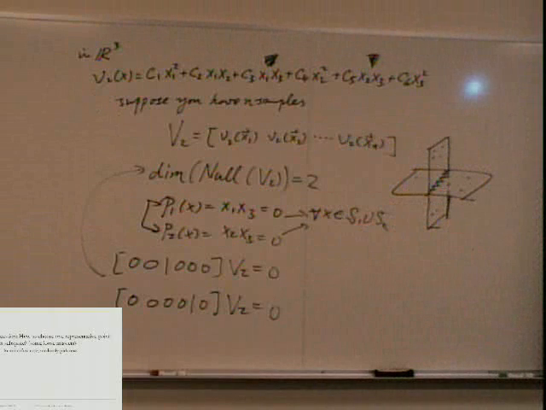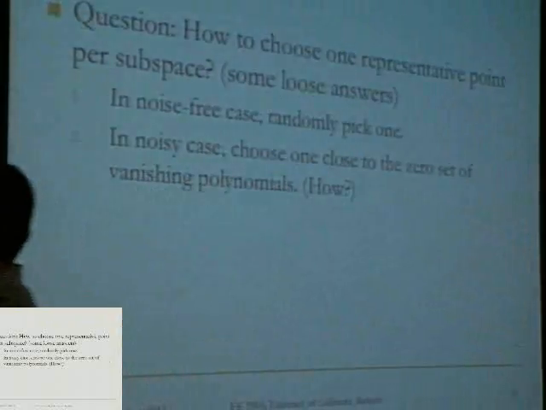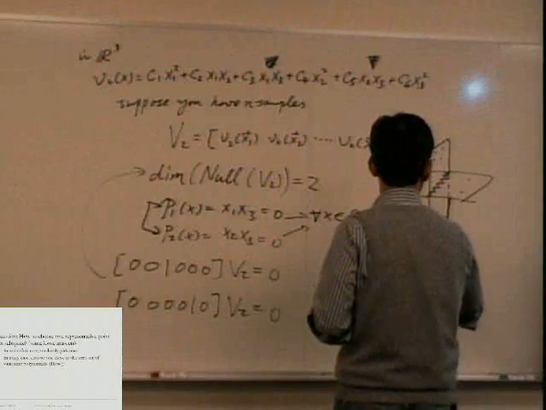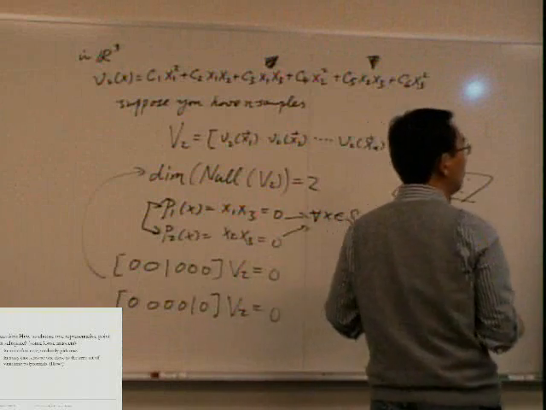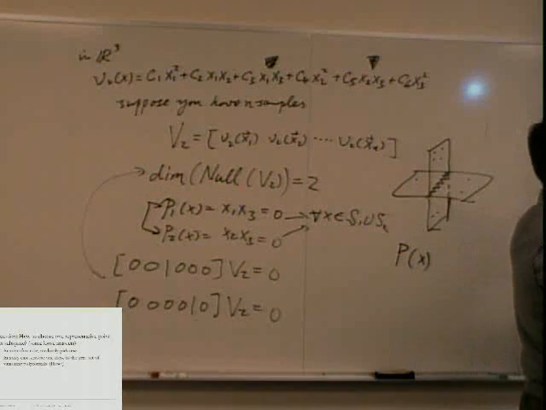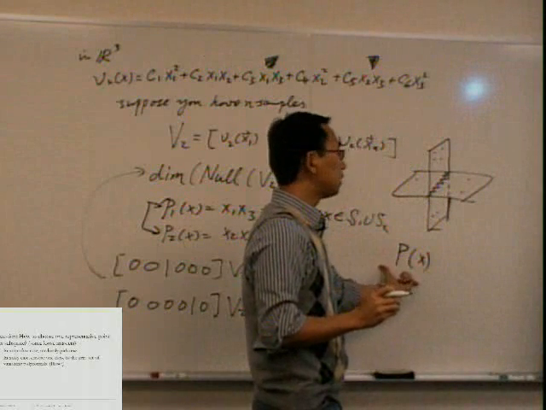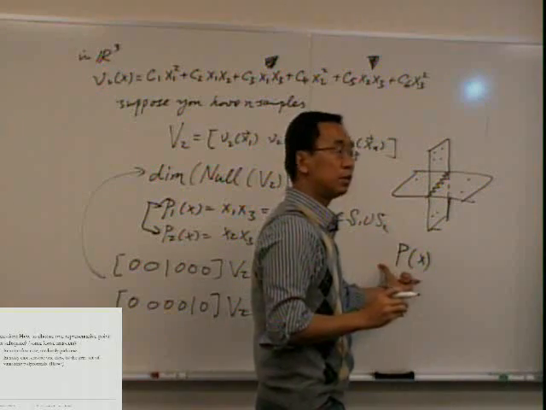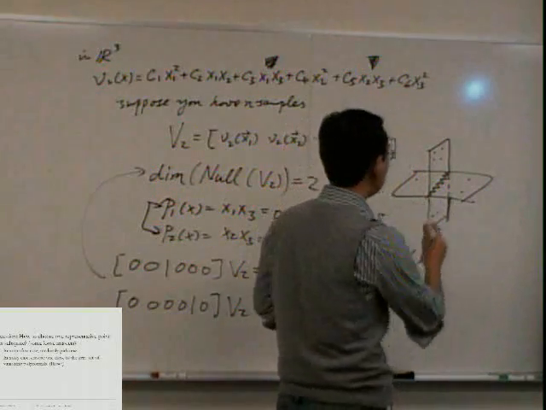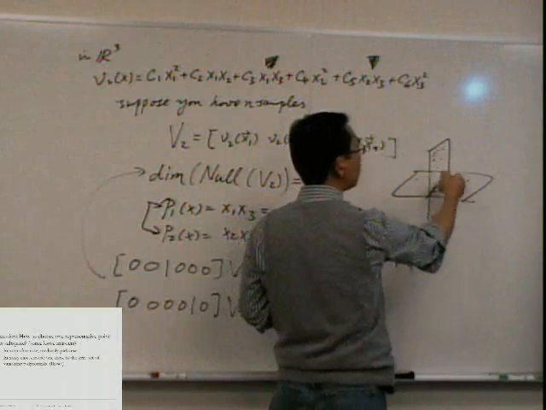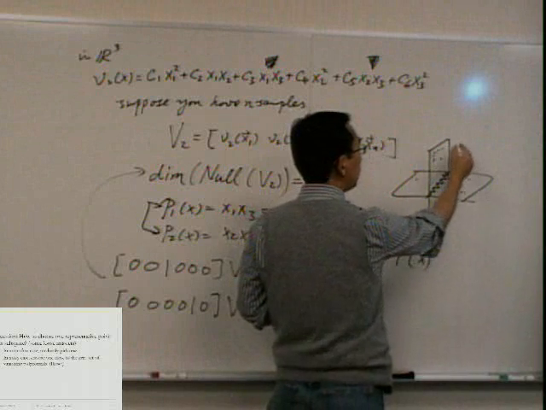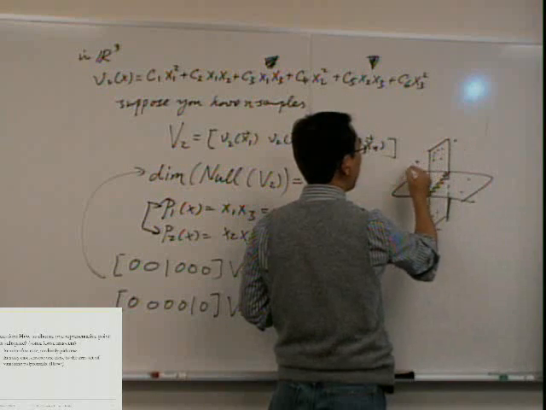However, in the noisy case, we still have this list of vanishing polynomials P. What we want to do is choose a point that's really close to the zero set represented by the vanishing polynomial. In this example, suppose we have some points that are right on the zero set, but we also have some points that are quite far away due to the noise.